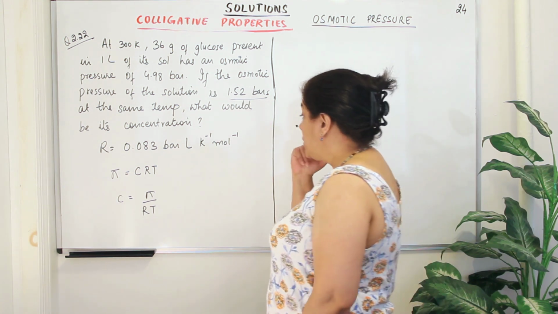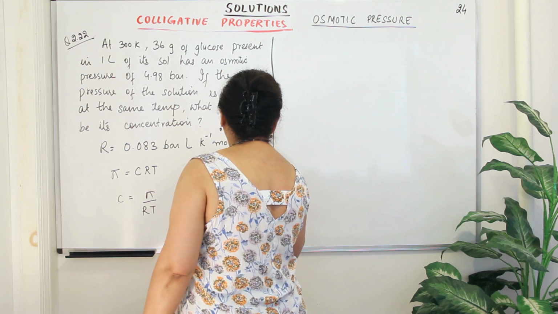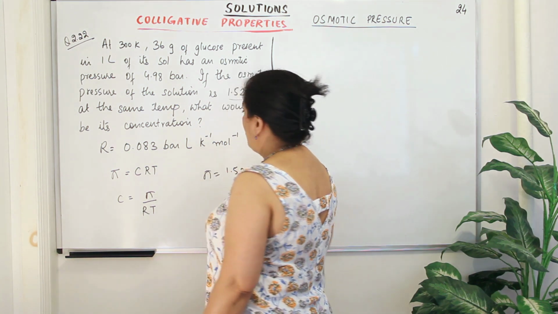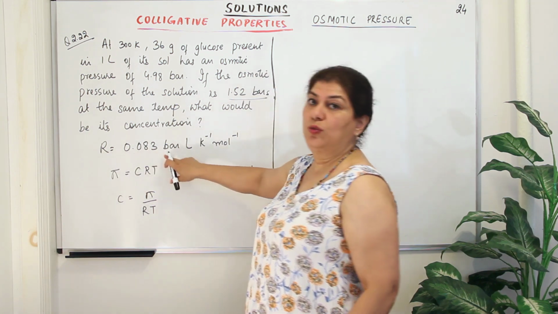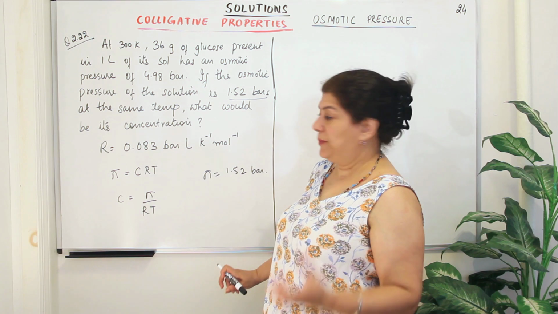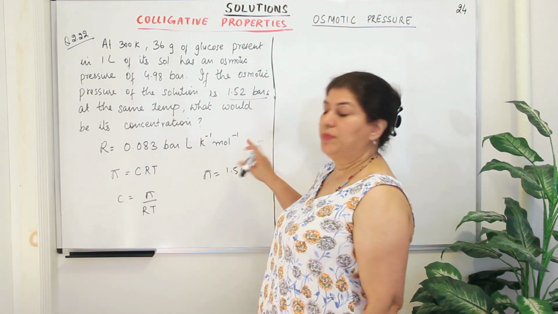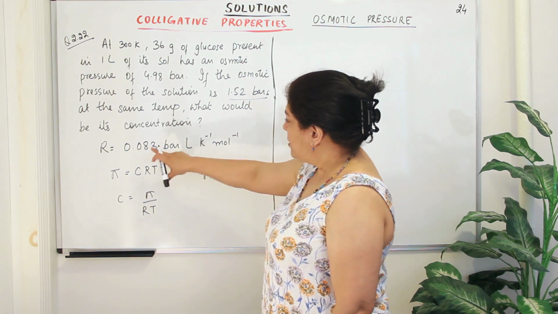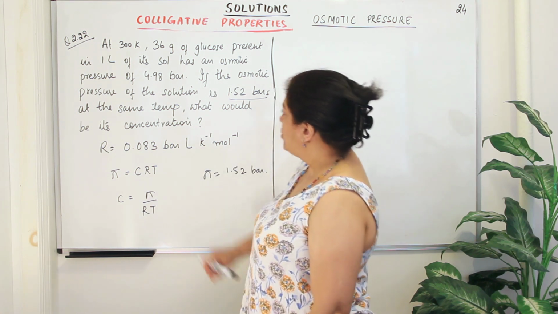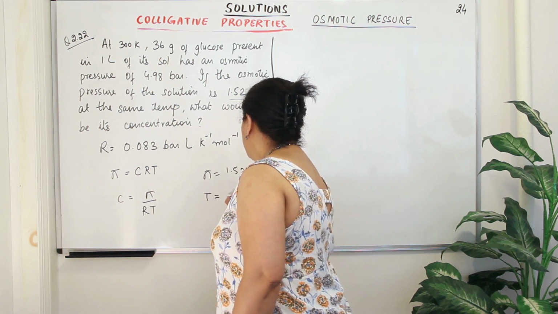So pi for you is 1.52 bar. And since we are talking of bars, the value of R will be the one which has bar in the unit for pressure. So the value is 0.083 bar liter per Kelvin per mole. So that is the value of R that you'll be using. And what's the temperature? The temperature is 300 Kelvin.